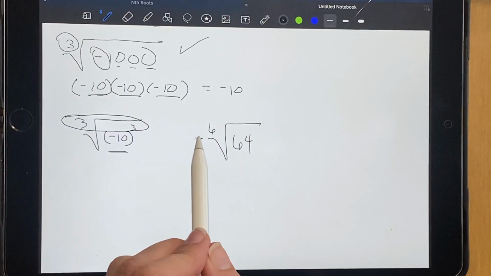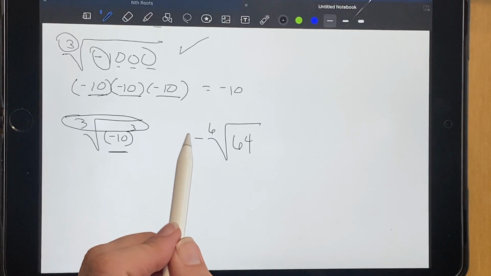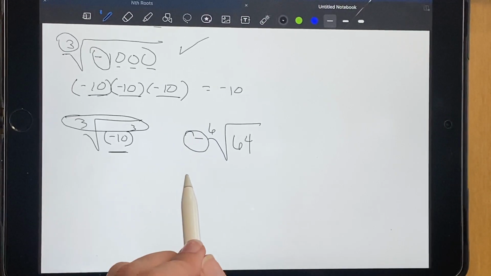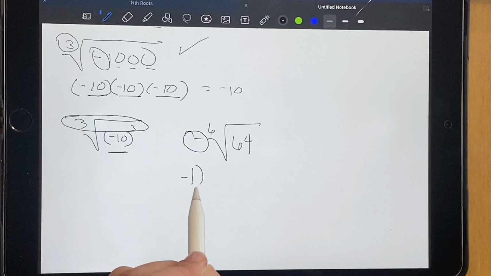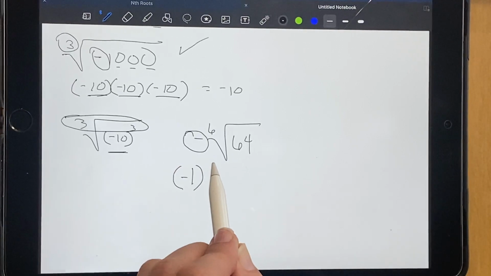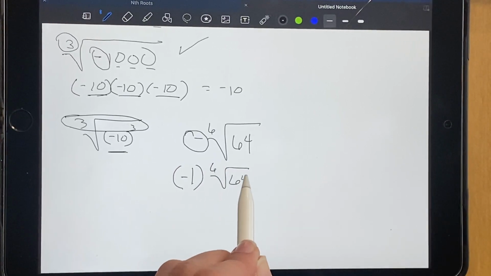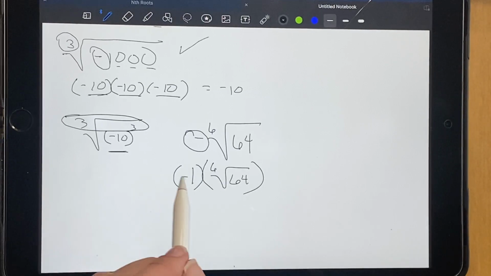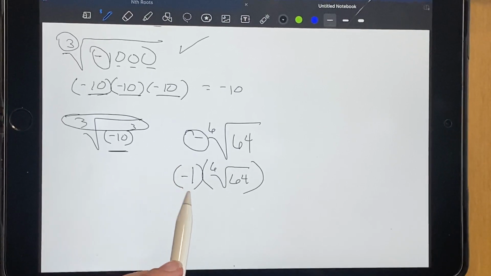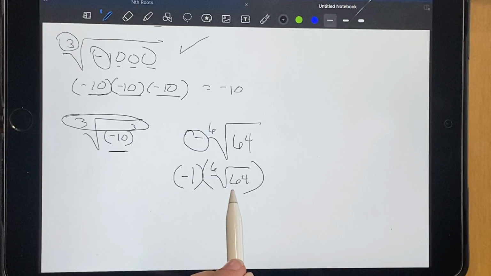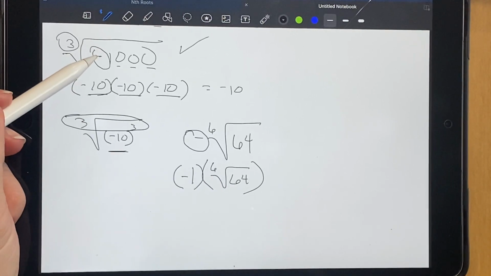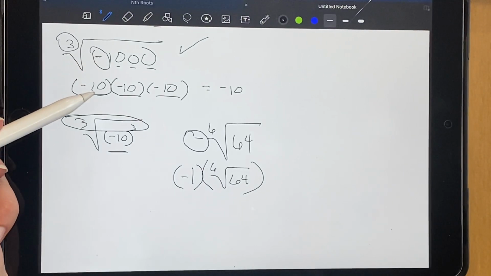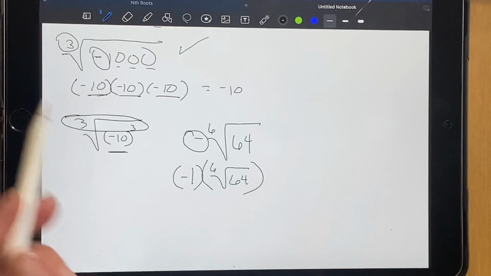Now on this one, our negative is on the outside, which technically means this is the number 1. So I could rewrite that as negative 1 times the 6th root of 64. So this negative is applied after I deal with my radical. In the other case, my negative is applied while I work my radical.